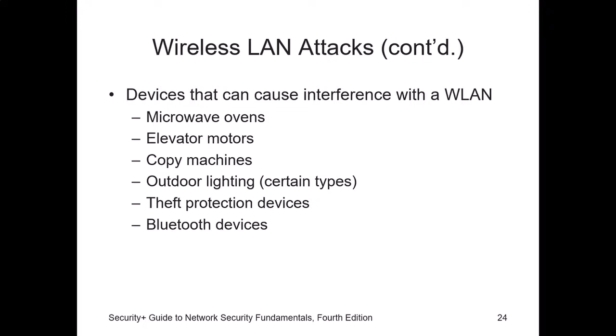The best way to really reduce interference is to make sure your wireless router is in a place where there is no interference. Try to put it right in the middle of the room or middle of the building. And if you are in the line of sight, that's the best way to do it.